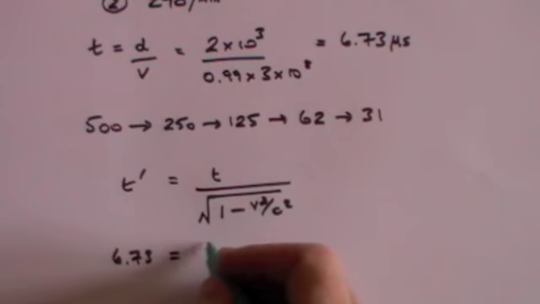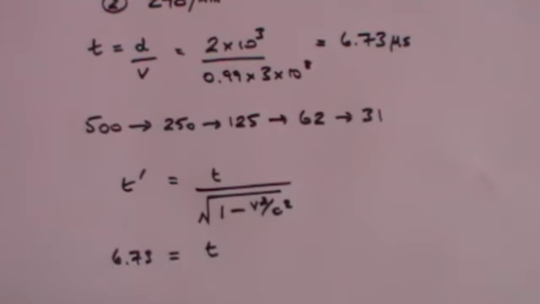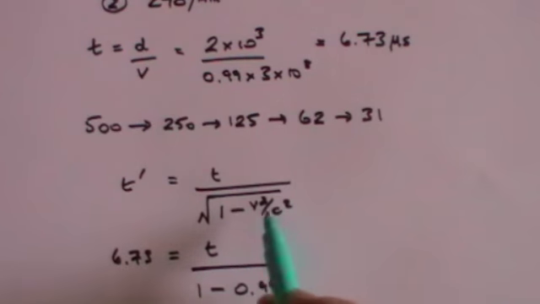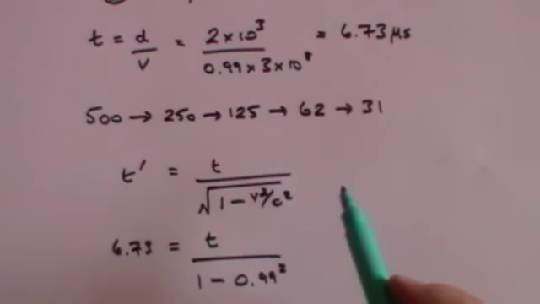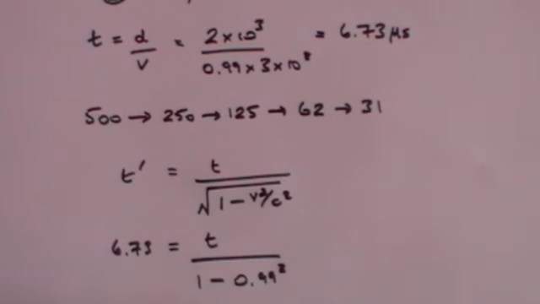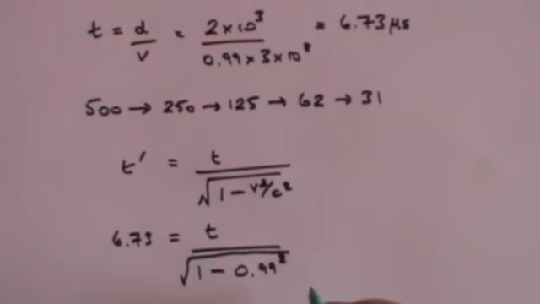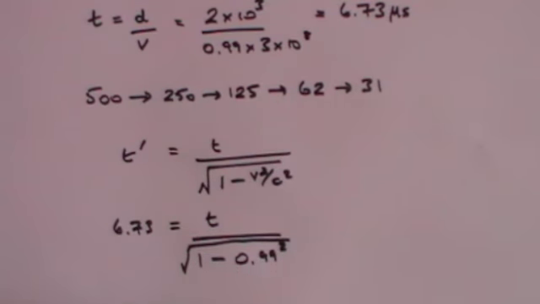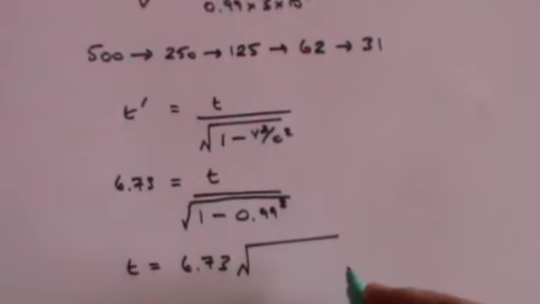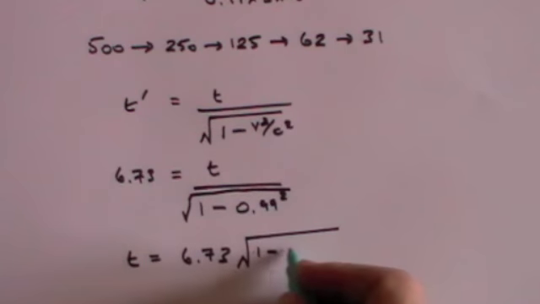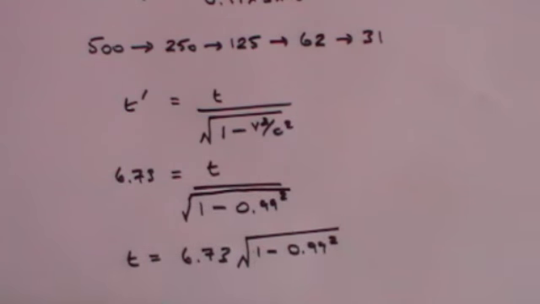And that's going to be equal to the time that the muon measures, divided by the square root of 1 minus 0.99 squared, because the velocity of the muon is about 0.99 that of the speed of light. And that means that t is equal to 6.73 times the square root of 1 minus 0.99 squared.